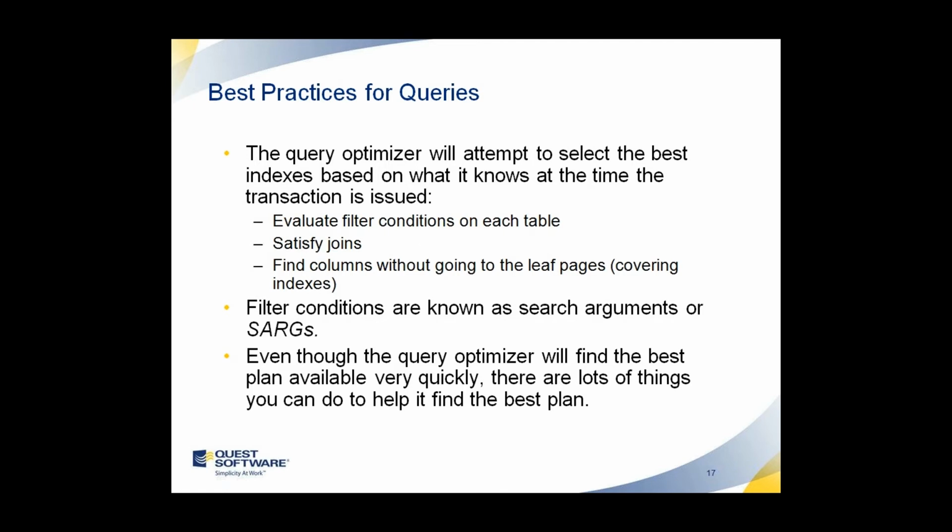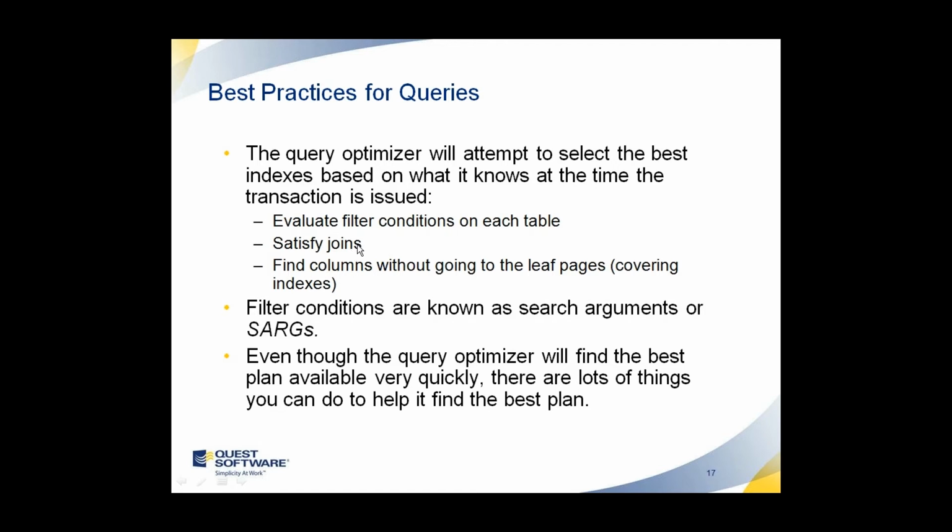The first and most basic rule of a query is that the more information you can provide to the optimizer about what you're looking for, the more quickly it can resolve that query. So if you can include different filter conditions in the where clause, especially against indexed columns, that's going to help a lot.